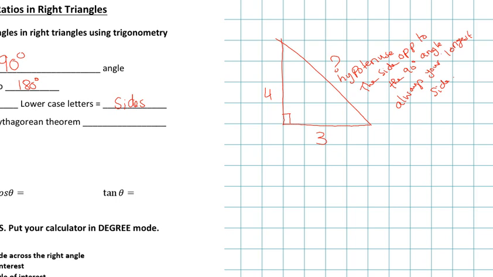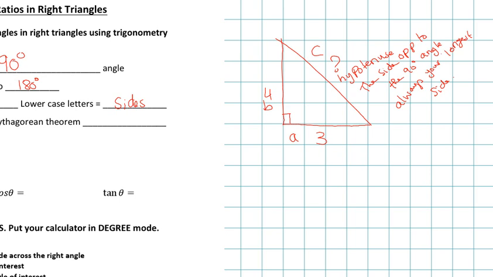Okay? Now the other two sides, they're the legs of the triangle. And he called them A and B. It doesn't matter which one is which.